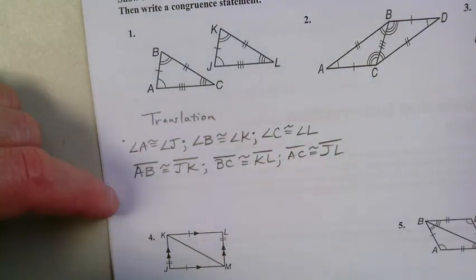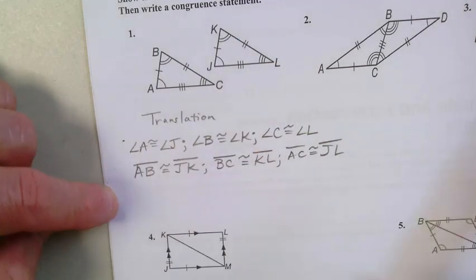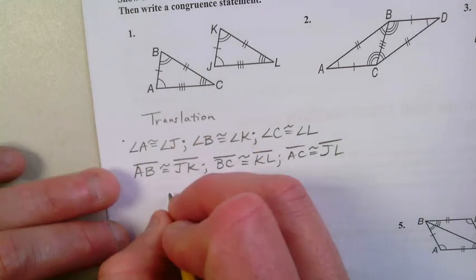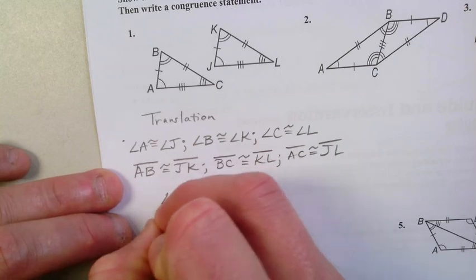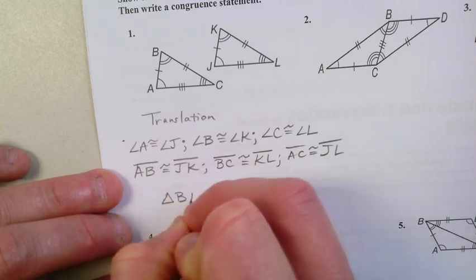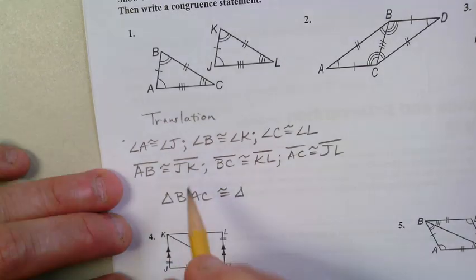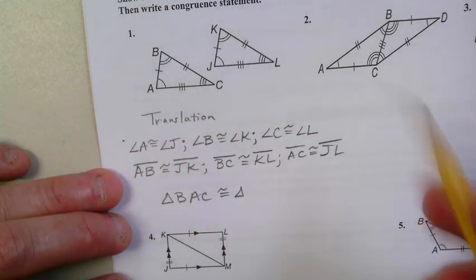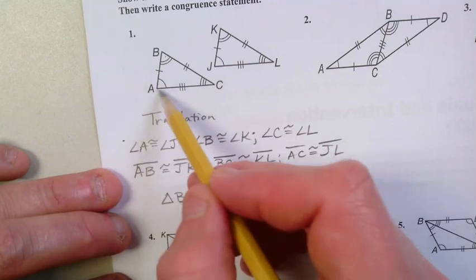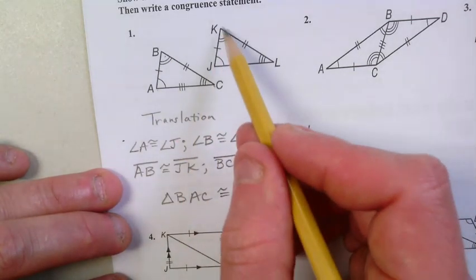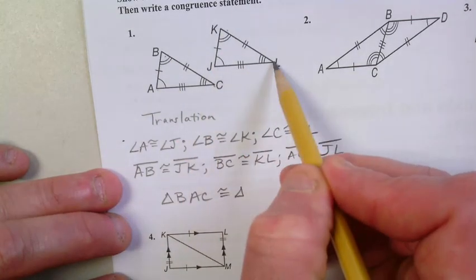Now, I can also write the congruent statement, or the congruency statement, and I'll go ahead and do something like this. If I say triangle BAC, okay, it doesn't matter what order you start with, you just have to match up those corresponding parts from the other triangles. So if I do BAC, it would have to be KJL, okay?